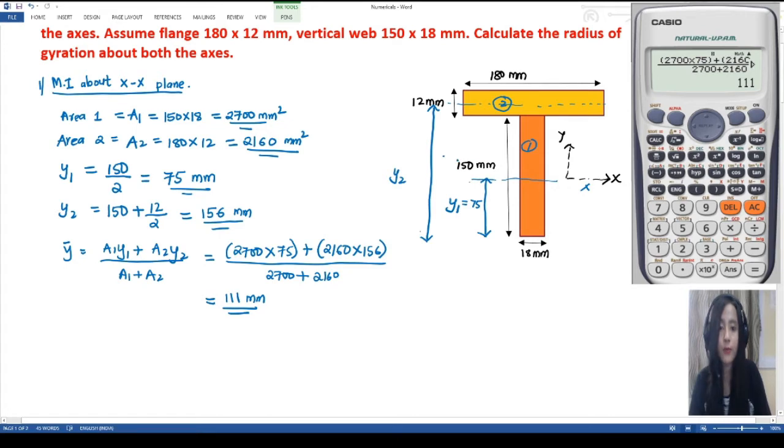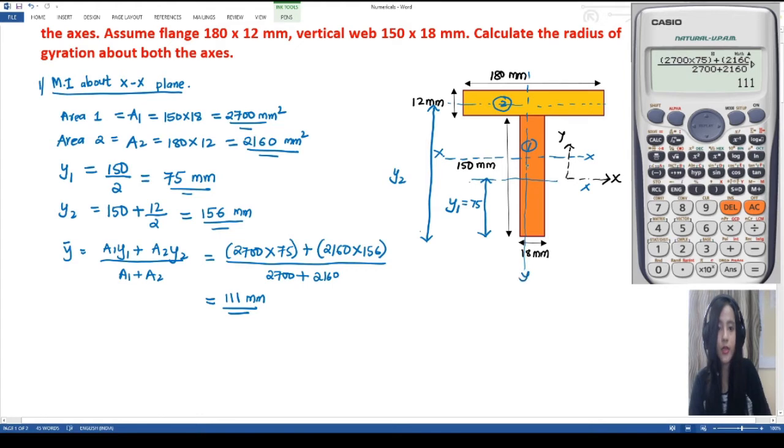So my x-axis passes somewhere around here, and y-axis from somewhere from here.